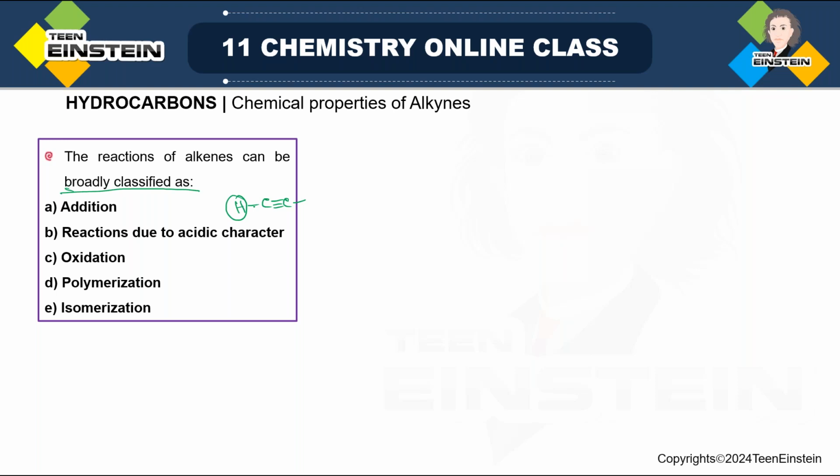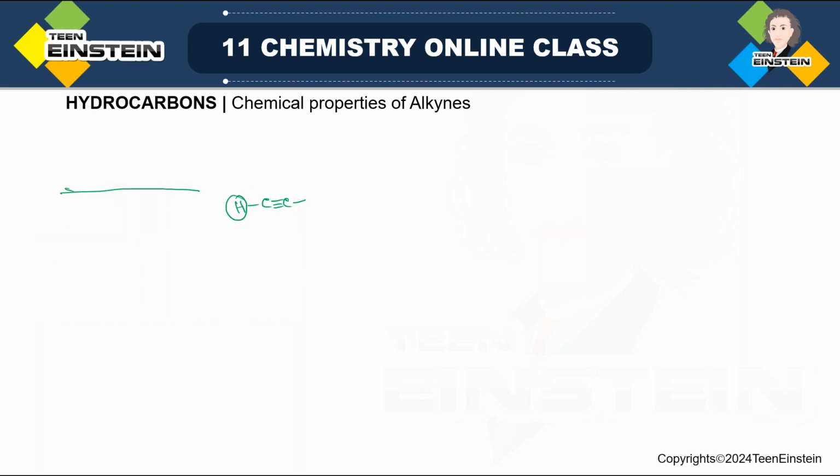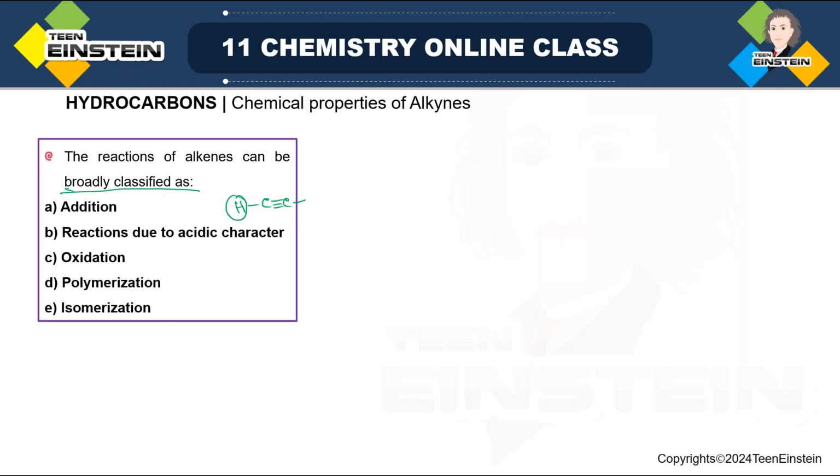And the fifth type is isomerization. From one isomer of alkyne, we will get another isomer of alkyne. Now, as we have seen these 5 types, here we will focus first on the addition category. Under addition, there will be 4 to 5 reactions.